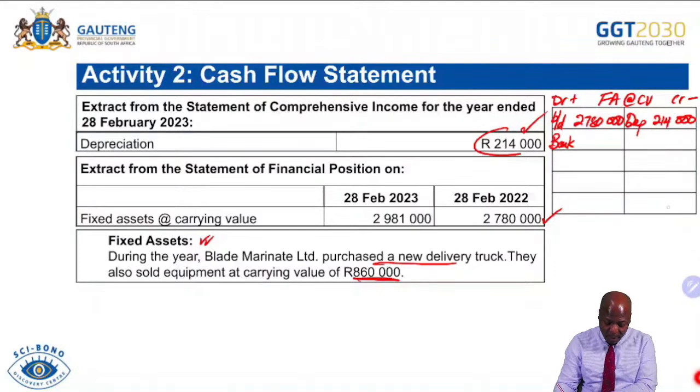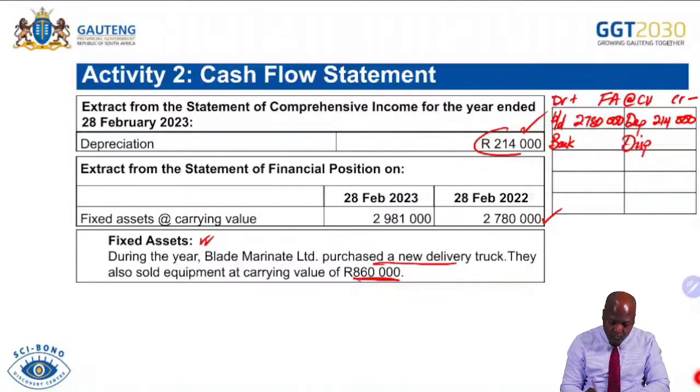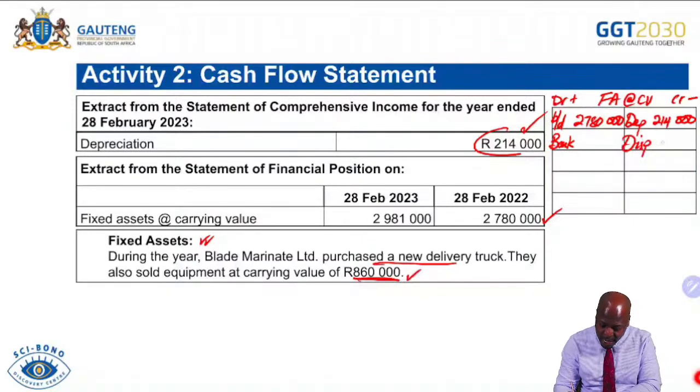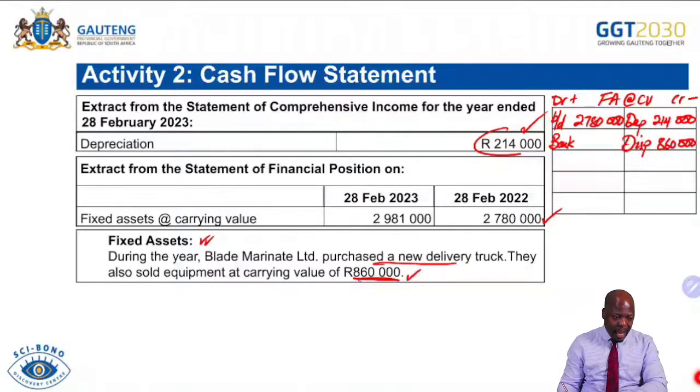And then we want to know, did we dispose of an asset? Yes, we have disposal here. We sold an asset which had a carrying value of 860,000. So I'm coming here to say disposal 860,000. And then lastly, our assets had a carrying value of 2,981,000 at the end of the year.